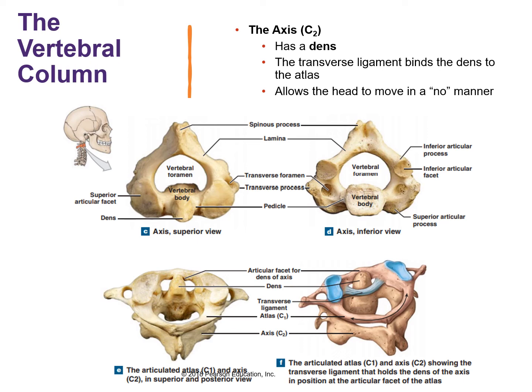Even in adults, a blow to the base of the skull can be dangerous, because a dislocation of the axis and atlas joint can force the dens into the base of the brain, and you can have fatal results.